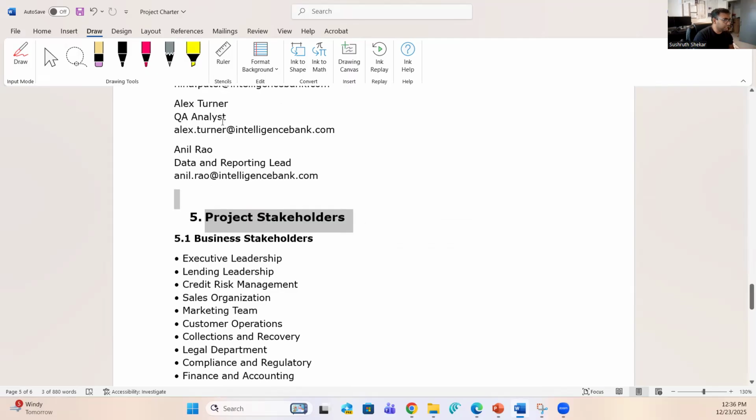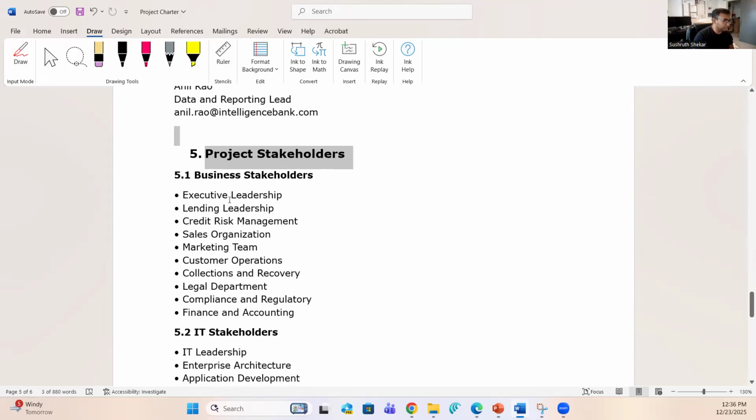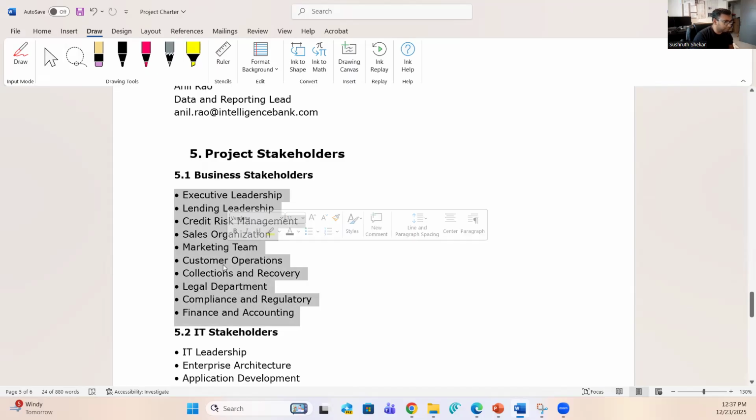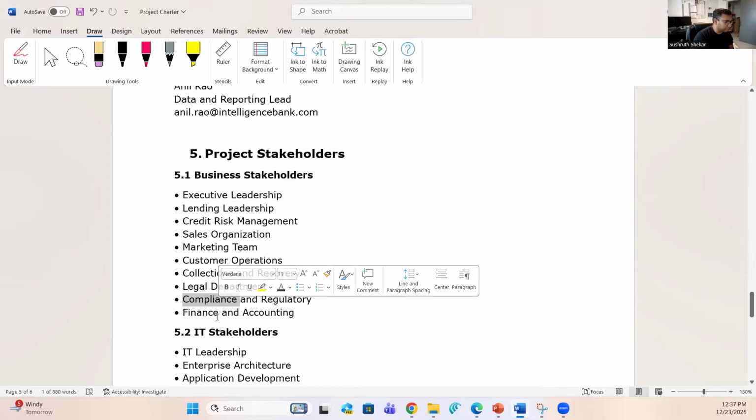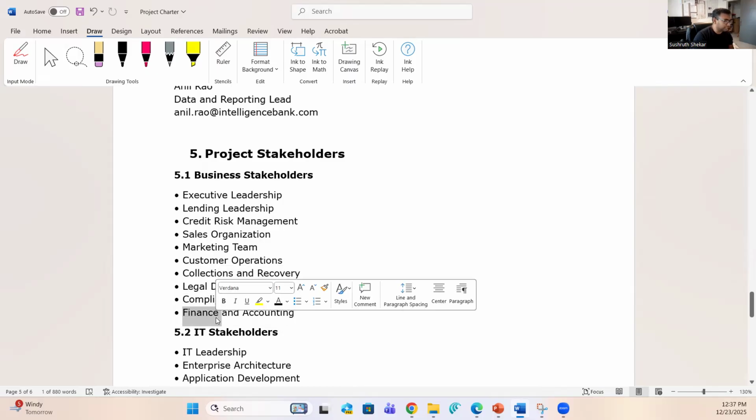So who are the business stakeholders under project stakeholders? Executive leadership. They are not going to work on the project, they are impacted by it. Lending leadership, credit risk management, sales and marketing team, customer operations, collections and recovery, legal department, compliance and regulatory departments, finance and accounting.